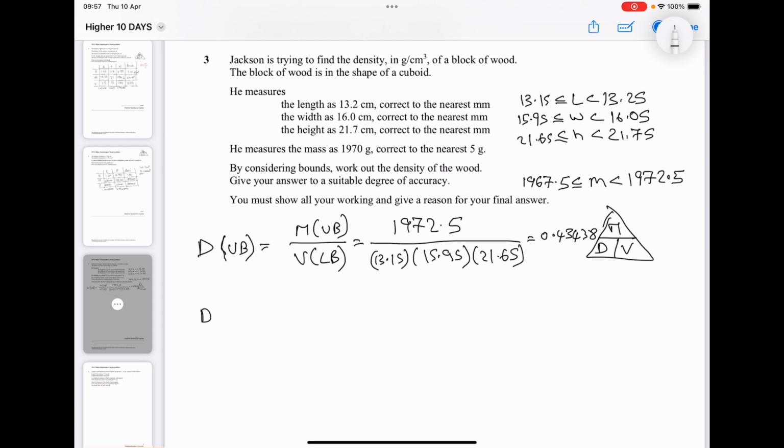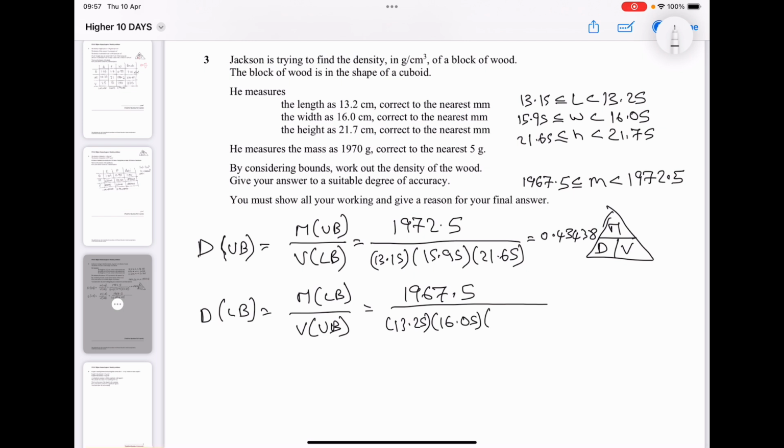If I then do the density lower bound, what I've got is the mass lower bound divided by the volume upper bound, and that's how you get the smallest possible value. In this case, the mass lower bound is 1967.5 divided by all the upper bounds, so I've got 13.25 times 16.05 times 21.75.